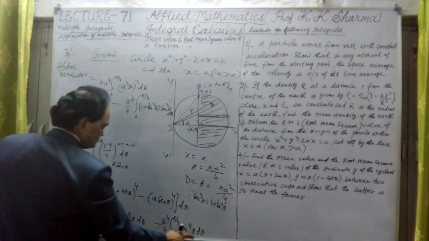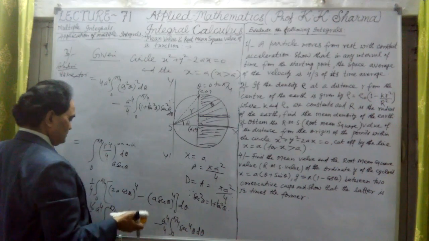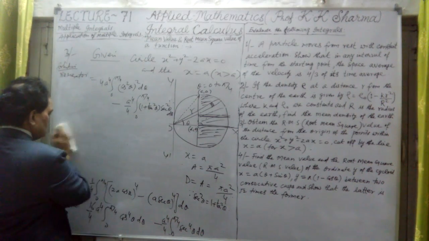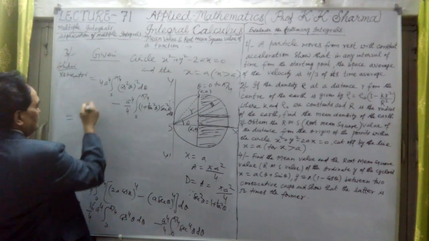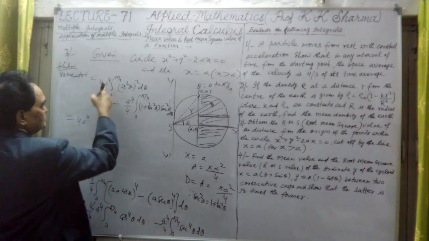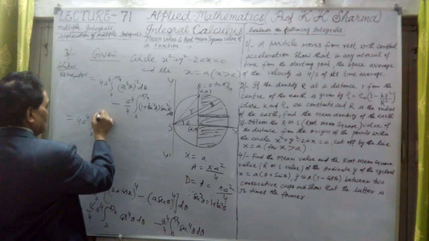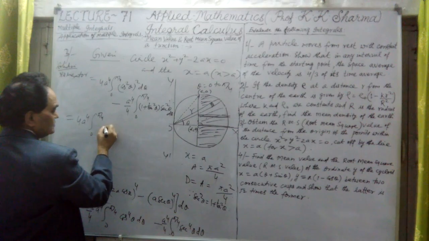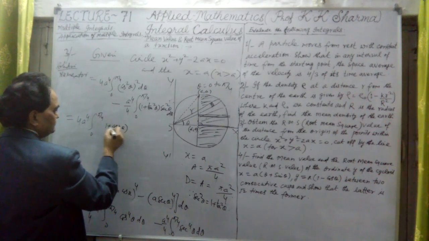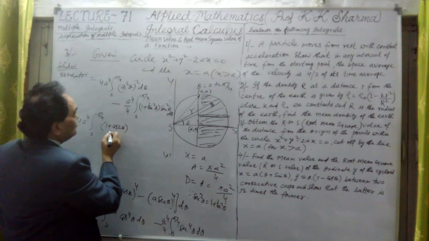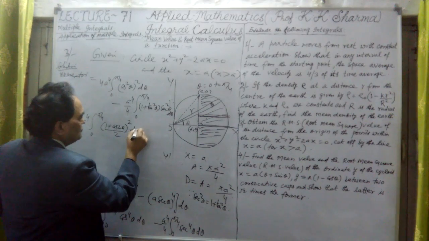So now let me further solve it. Here we obtain 4a to the 4, this one. Now what about cos square theta? Cos square theta can be written as 1 plus cos 2 theta upon 2, whole square, into d theta.